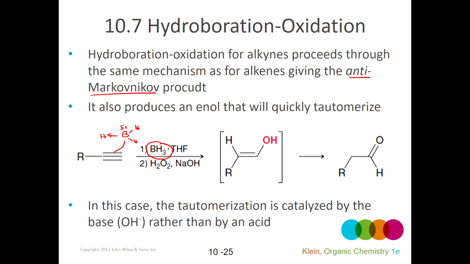So the pi electron is attracted to it, being pulled away from the carbon that can stabilize the positive a little bit better, but then that immediately draws the pair of electrons from the hydrogen in there. So initially the hydrogen will add here, and the boron will add here on the same side as the hydrogen.